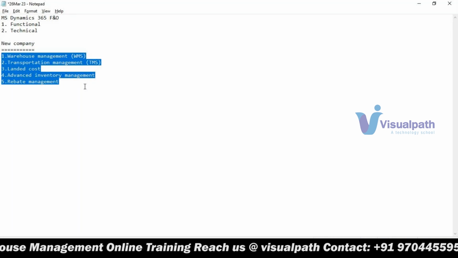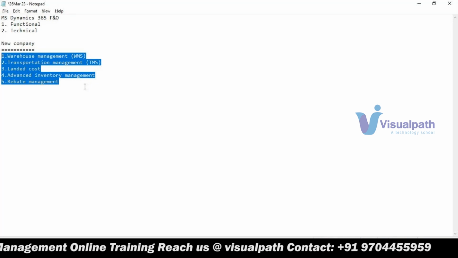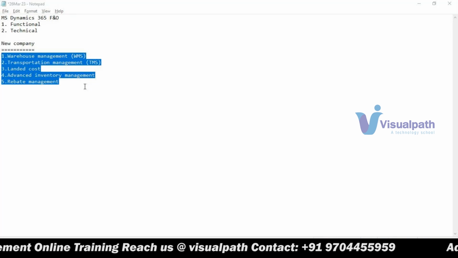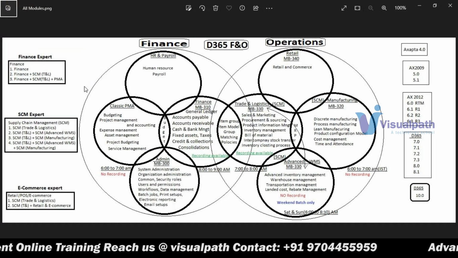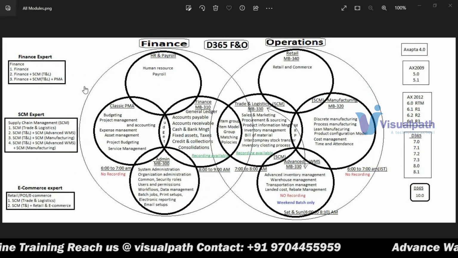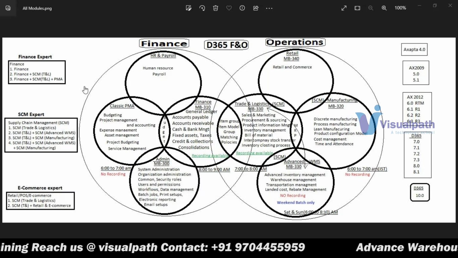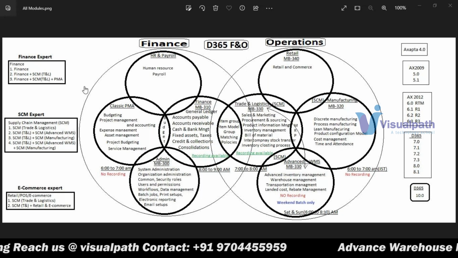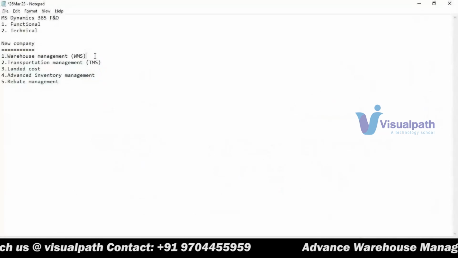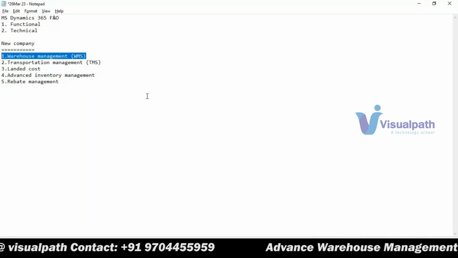If you join anywhere for WMS, Advanced Warehouse Management, hardly anyone will teach it properly. You can verify with anyone; there are very few people available in the market, and they are charging a very big amount, around 70 to 80,000 rupees, and they are teaching only warehouse management, and that too in the existing USMF company.